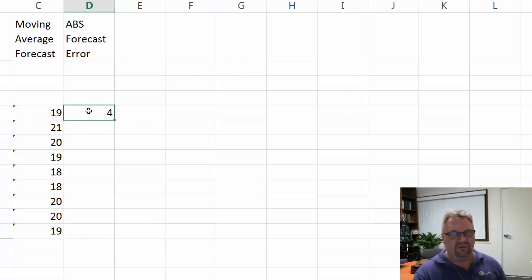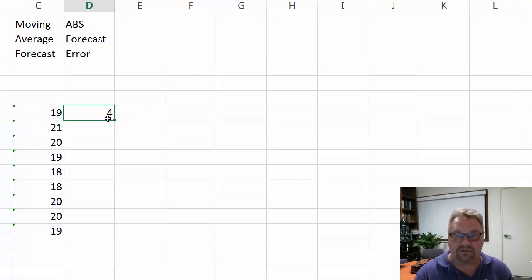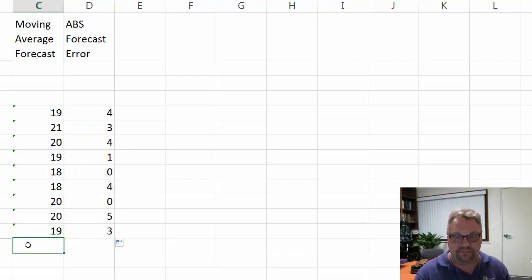And actually, I should tell you, if I'm going to use the ABS function, it really doesn't matter if you take forecast minus actual or actual minus forecast, because you're always going to get the positive value. But in the interest of the forecast error, we usually think of that as being actual minus forecast, so I'll stick with that. All right, so here's the absolute value of my forecast error.